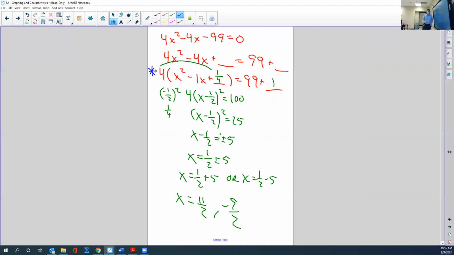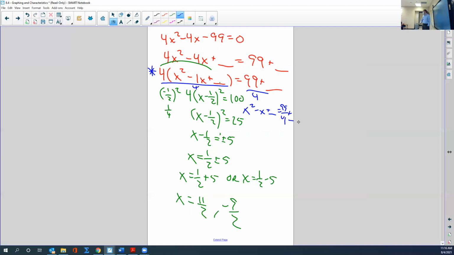What some people will do, before they do the 1/4 and everything like that, imagine that this was still blank. You could divide both sides by 4 right here. And you would end up with x squared minus x plus blank is equal to 99 over 4 plus blank.